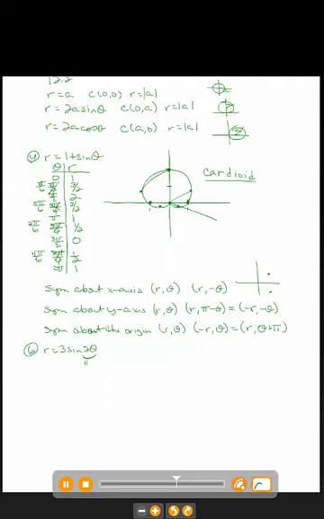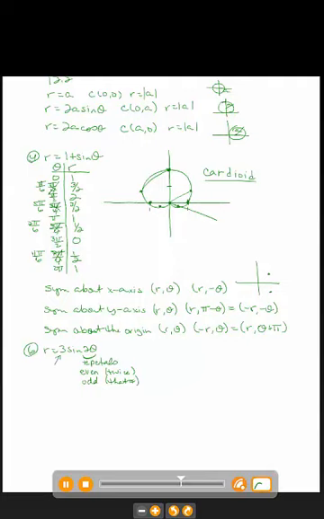So in this case, it's a 2, so we're going to get 4 petals. If it's an odd number, you get that many petals. So if it said 3 sine of 3 theta, there would only be 3 petals. So this number right here determines the number of petals. Even, twice the petals. Odd, just that number.